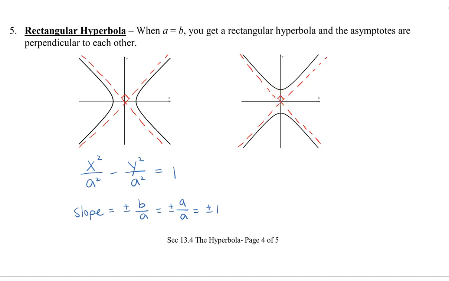And when the equation opens up and down, we get the equation x squared minus y squared equals negative a squared, or we can also have y squared minus x squared equals positive a squared.